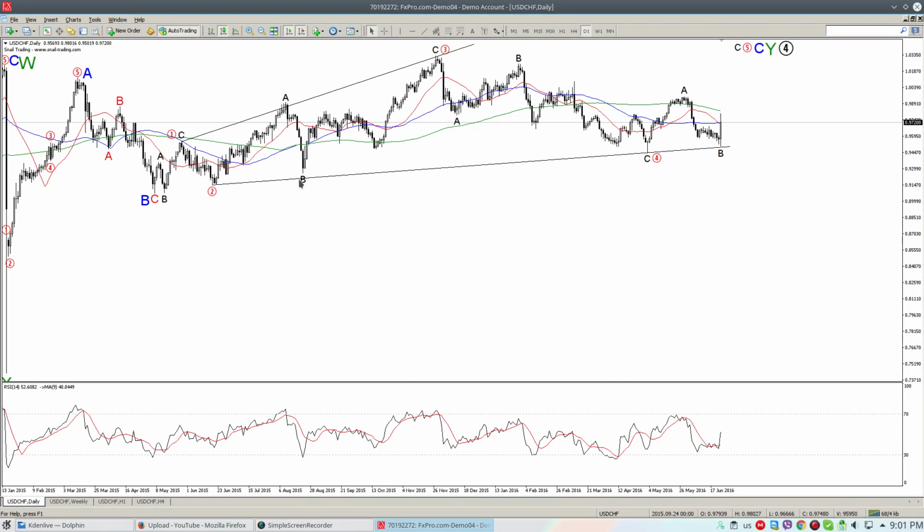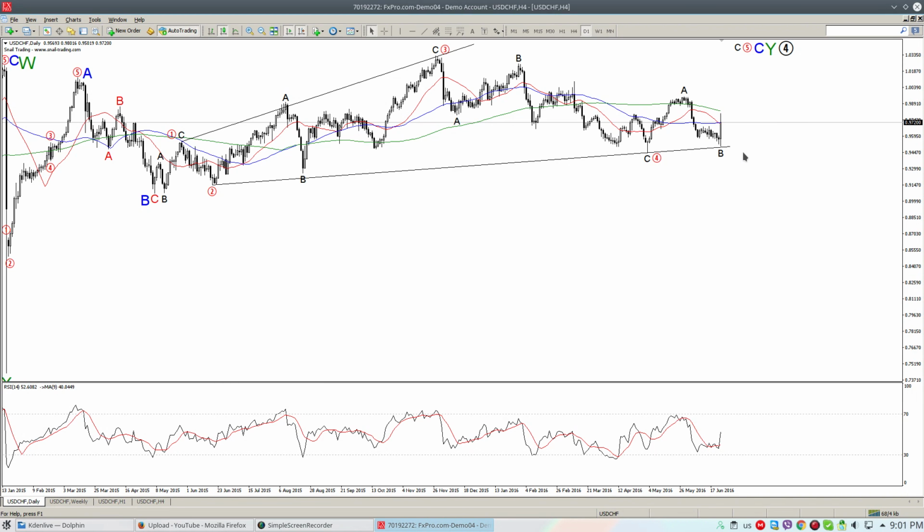But again, we see how the trend line that connects the lower wave 2 with wave 4 was the point where this wave B bounced, and we have here a bounce that stopped at the intersection of the 21 and the 55-day SMAs. It closed here and it was stopped near the 144-day SMAs.